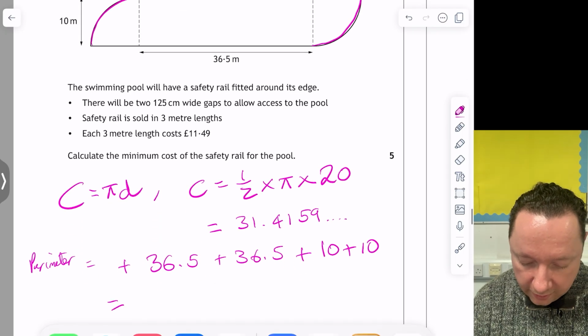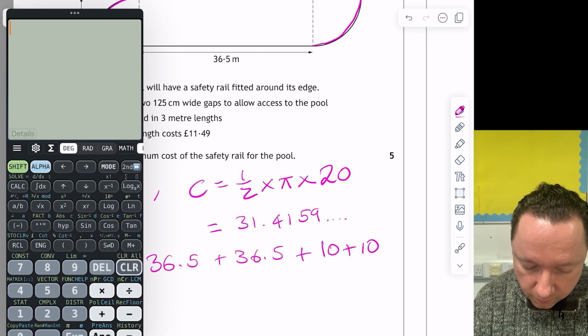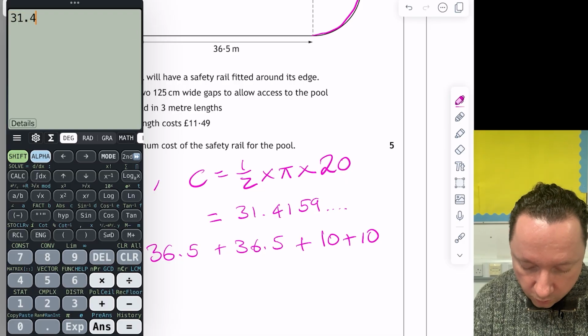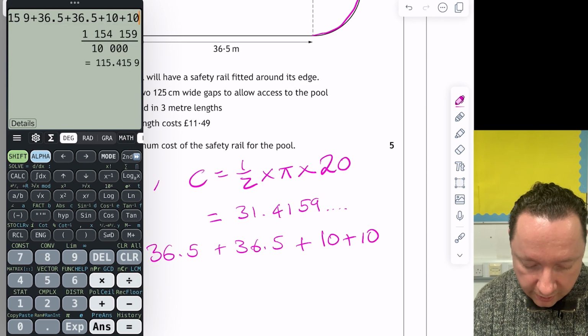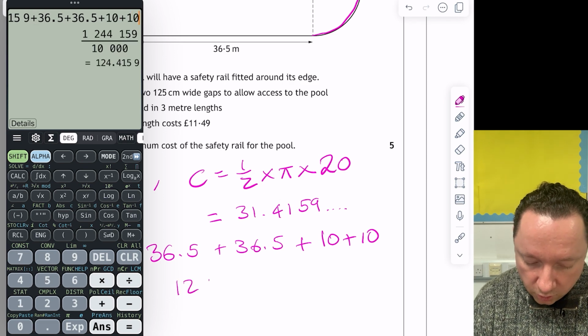So in total, I have got 31.4159 plus 36.5 plus 36.5 plus 10 plus 10, 124.4159 meters.